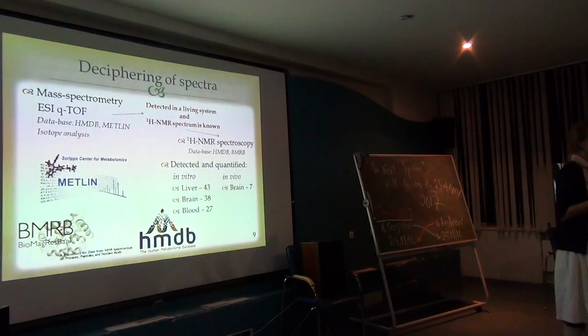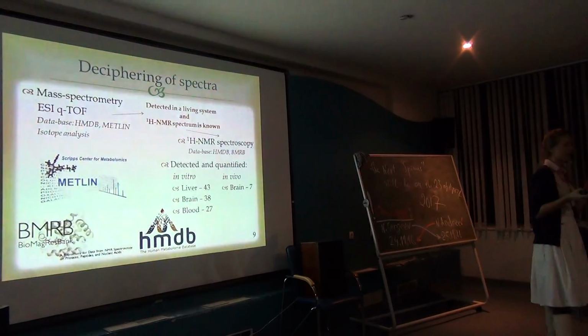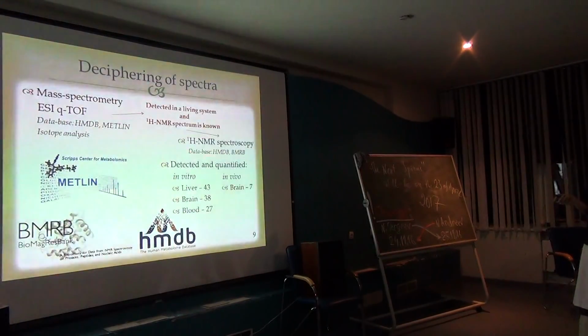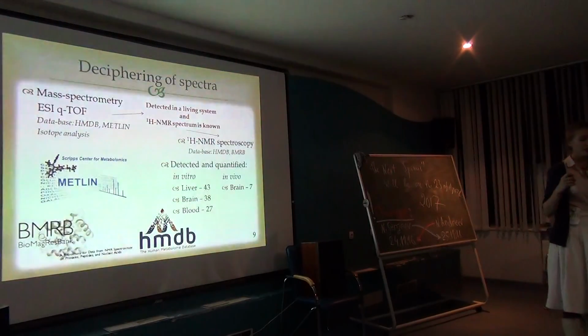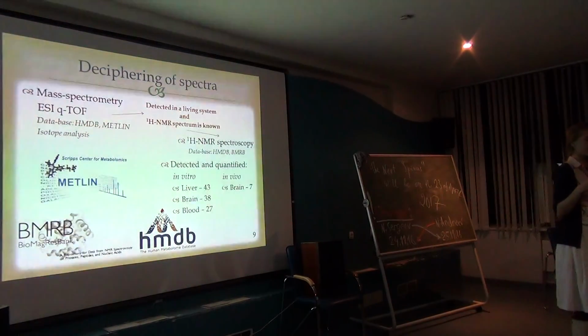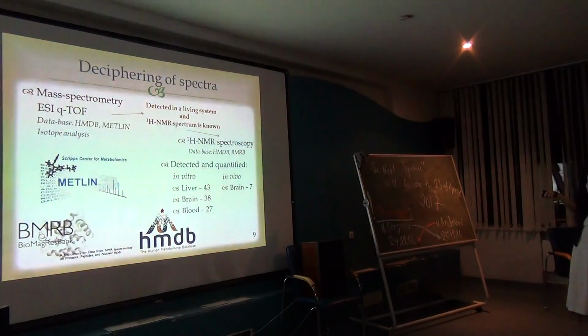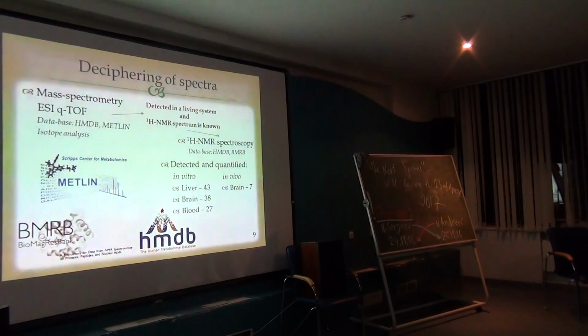But of course not all of them can be detected in liver, brain, blood, so we checked it with other databases, and after that we found another set of metabolites, and this set of metabolites we compared with our experimental data and found that we can detect and quantify just 43 liver metabolites, 38 brain metabolites, and 27 blood metabolites in vitro, and 7 of brain in vivo.